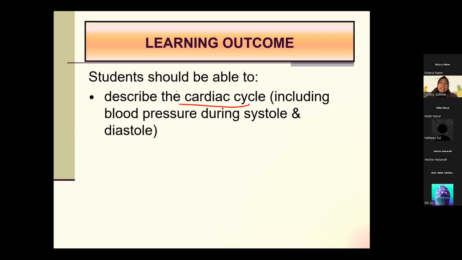So what is cardiac cycle? Cardiac cycle is the sequence that happens in every single heartbeat. Apa yang berlaku pada setiap detak jantung kita? What happened to the heart? What happened to the blood pressure? What happened to the valve of the heart?